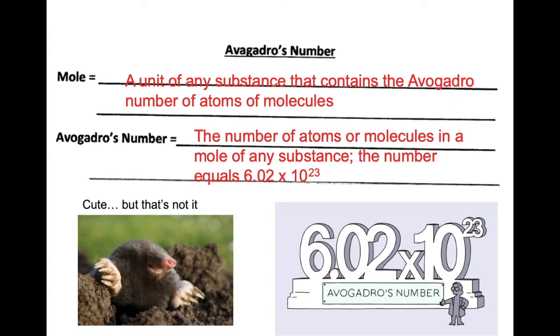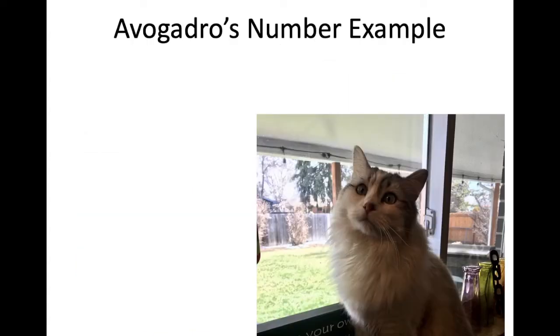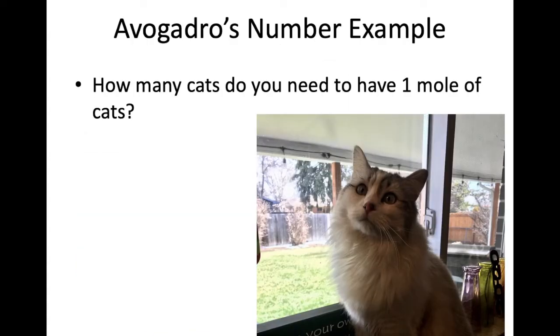And what we use moles for is we use it as a unit of measurement to create an equal playing field to measure how many atoms or molecules we can have when we're looking at a compound. So for example, how many cats do you need in order to have 1 mole of cats?